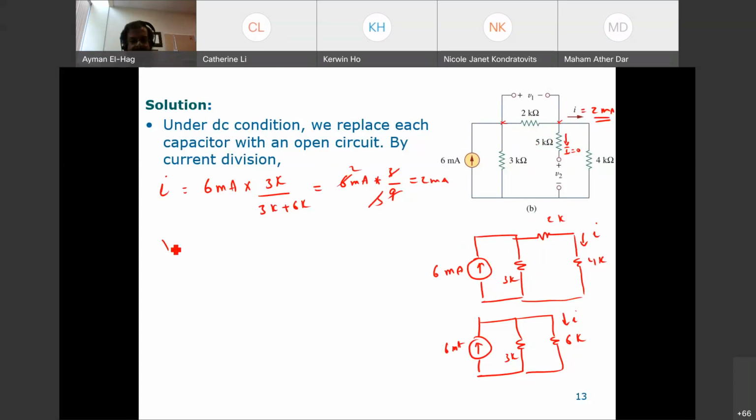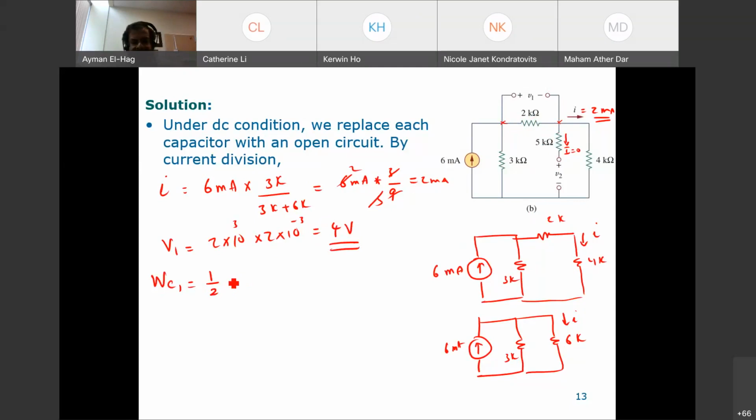Now, what is V1? V1 is the voltage between these 2 points. So V1 is nothing but 2 times 10 to the power 3, times 2 times 10 to the minus 3, which is equal to 4 volt. This is the voltage here. So the energy stored in C1, WC1, is equal to 1/2 CV squared.